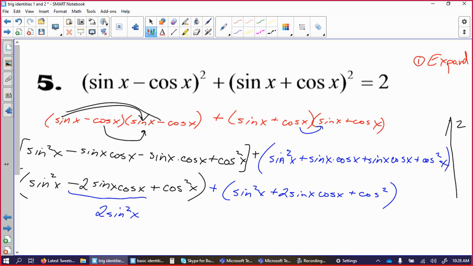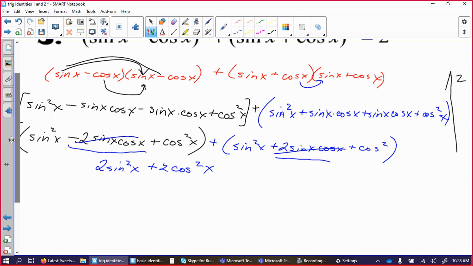Negative 2 sine x cos x is the same as positive 2 sine x cos x, so that and that go away. Cos squared x plus cos squared x is 2 cos squared x. Well, I've got a common factor of 2.